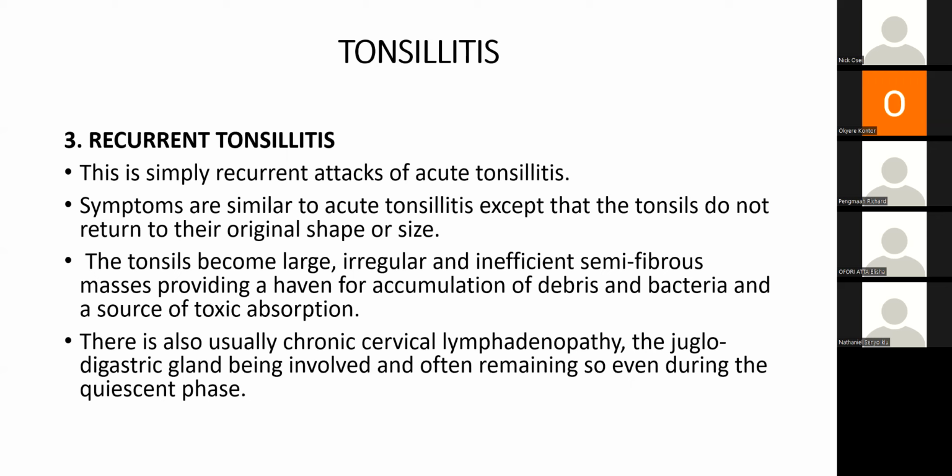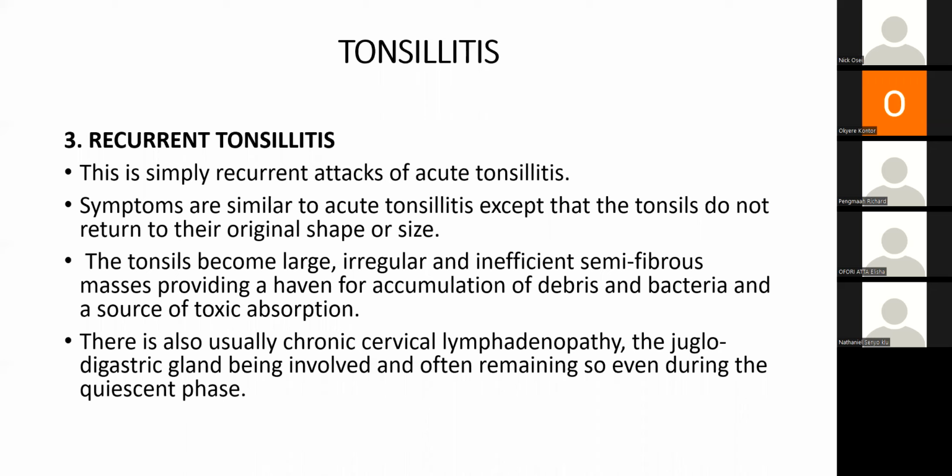But for a typical recurrent tonsillitis, the tonsils are usually irregular, large, inefficient, semi-fibrous masses, having accumulation of debris and bacteria, that do not return to their original shape or size.